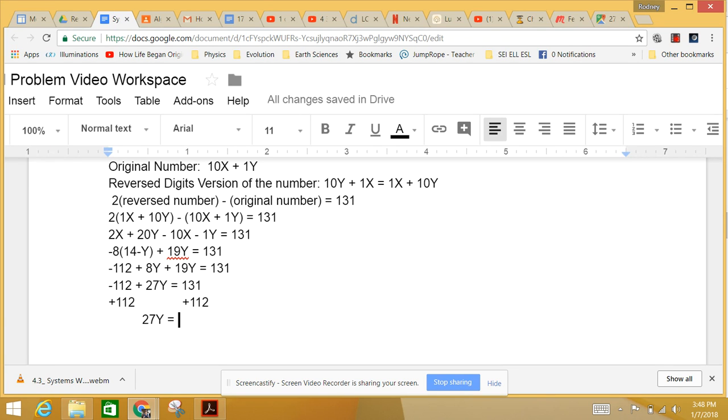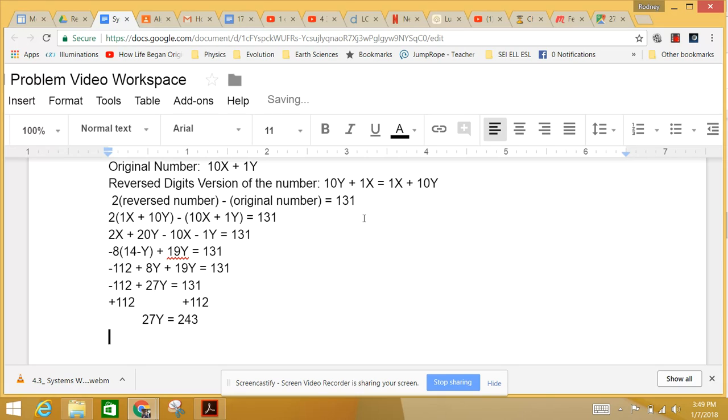All right. 2 plus 1 is going to be 3. 3 plus 1 is going to be 4. And 1 plus 1 is going to be 2. Some of you may already know this, that 243 is going to be 3 times 81, or 9 times 27.